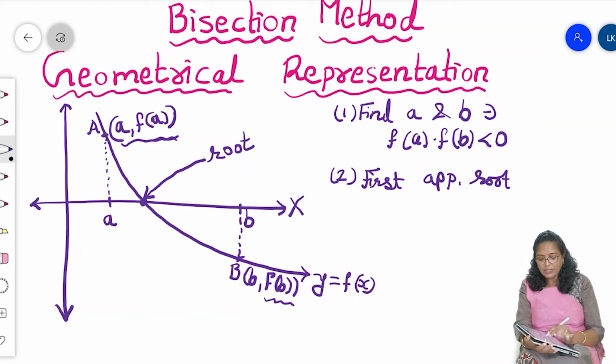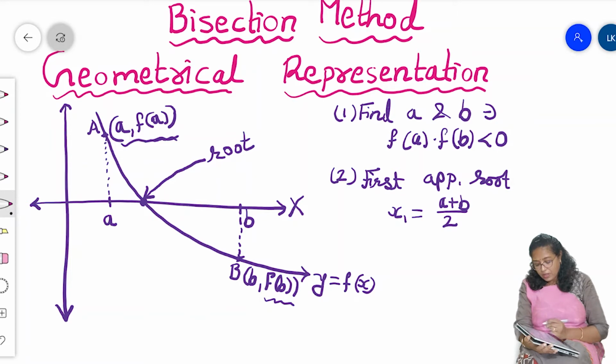Its formula is x1 equals (a plus b) divided by 2. Now here, x1, that is (a plus b) divided by 2, bisects our interval.